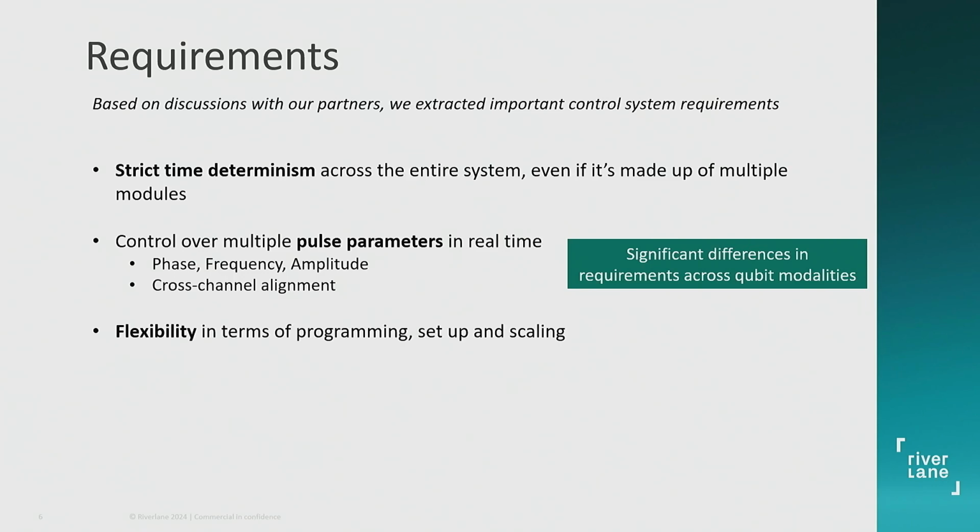Then we have control over pulse parameters, and this is something that really differs across different qubit technologies. That could be things like phase, frequency, amplitude modulation, cross-channel alignment to picoseconds. And lastly, there's flexibility, and that's flexibility across many different channels. Programming, setup, scaling, all of that.